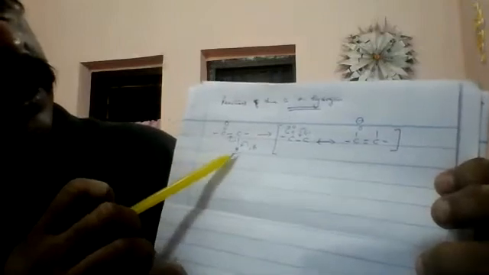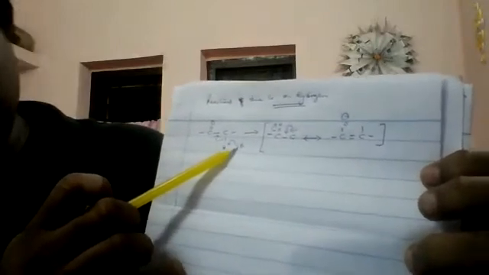Now let's have a look here. It's the general representation. Here, a nucleophile is represented by B, and polarity is established, so this electron transfer takes place like this.